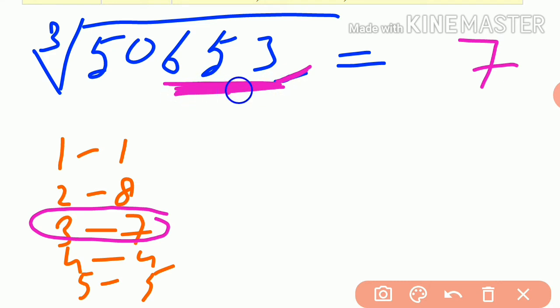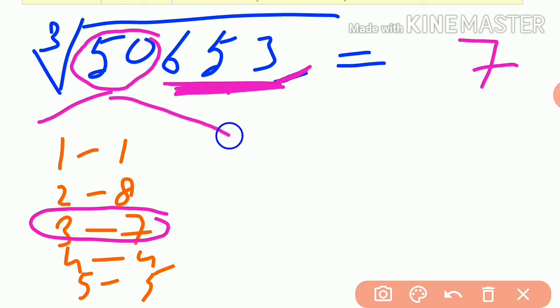The remaining number is 50. We will check which two cubes 50 lies between: 2 cube is 8, 3 cube is 27, 4 cube is 64.